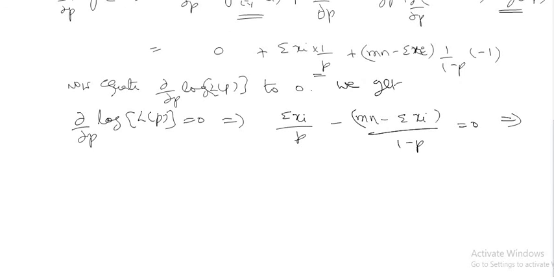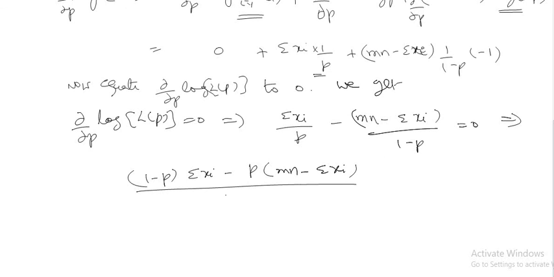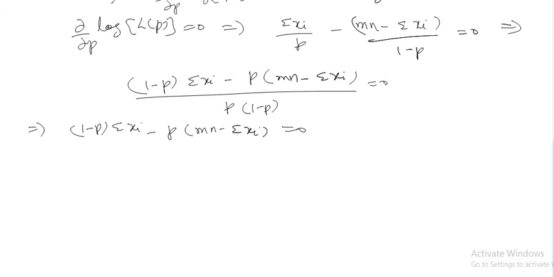Then cross multiplication and do a simple LCM: 1 minus p summation xi minus p into mn minus summation xi, divided by p into 1 minus p, equals 0. That implies the numerator should be 0. That is, 1 minus p summation xi minus p into mn minus summation xi equals 0. Just do the calculation.